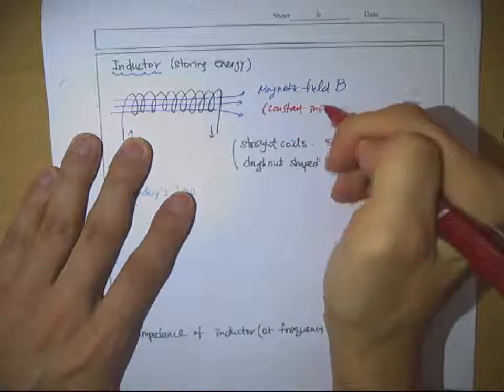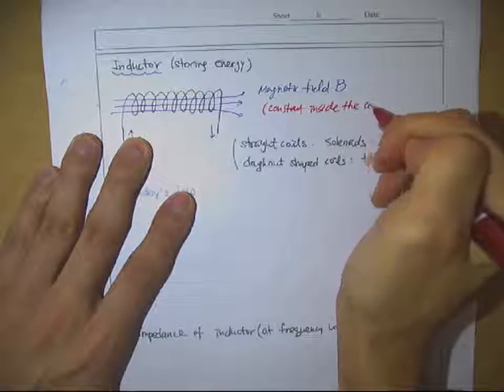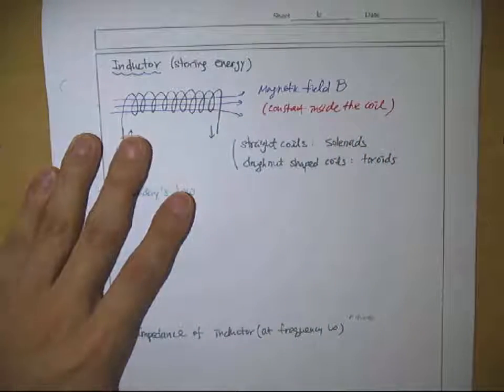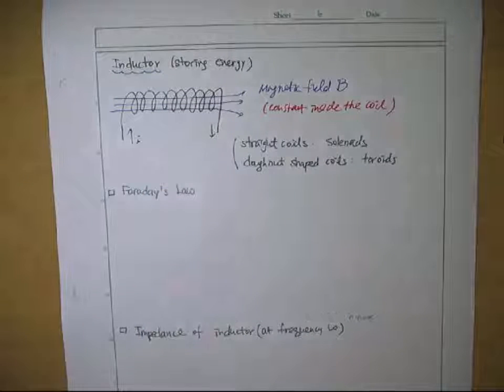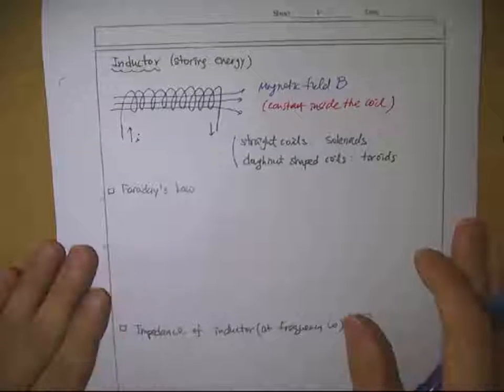When you have a straight coil, it's called a solenoid. And if you have a donut-shaped coil, it's called a toroid.